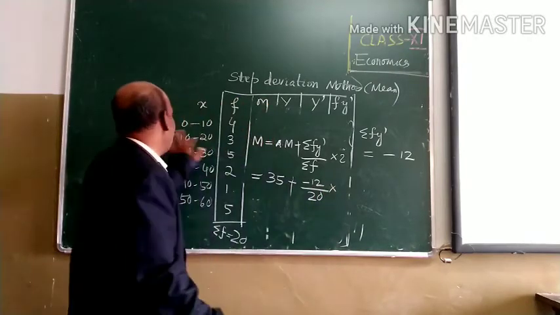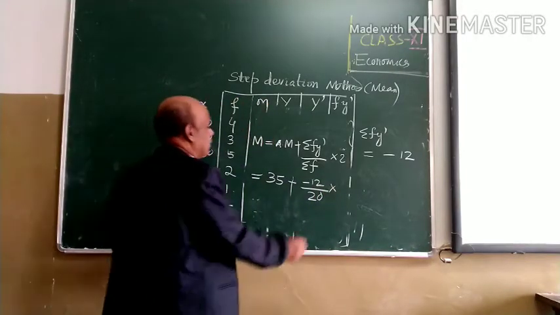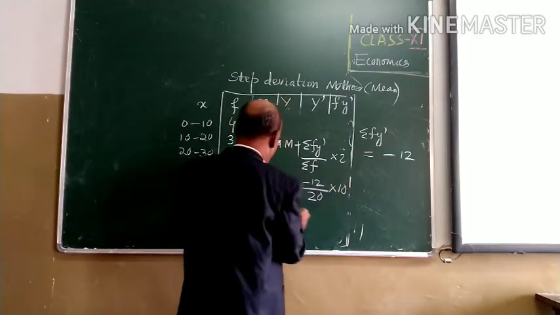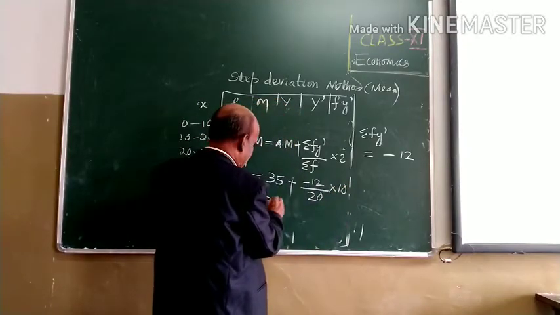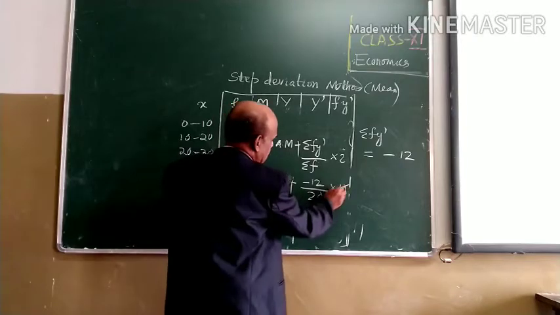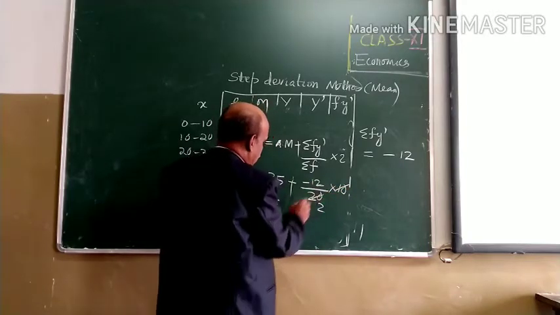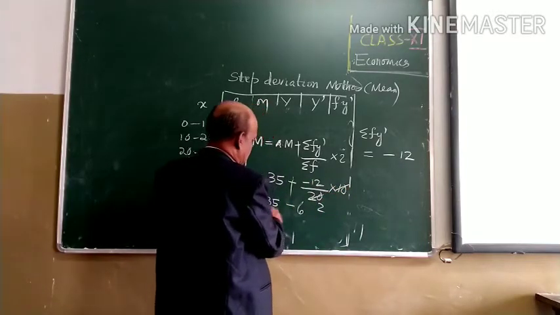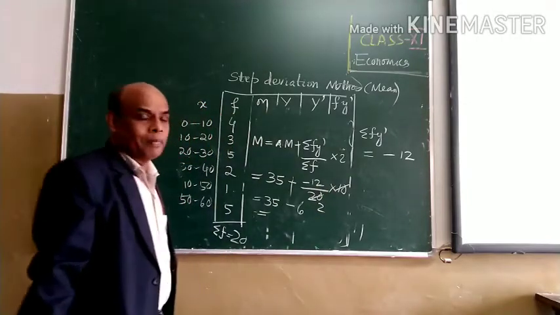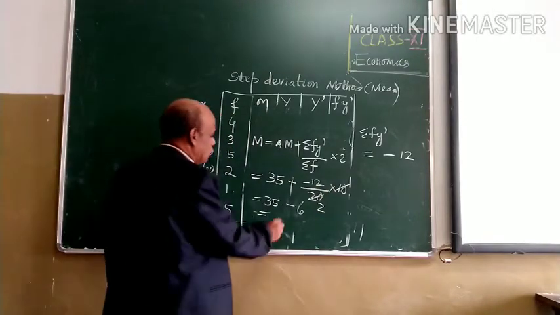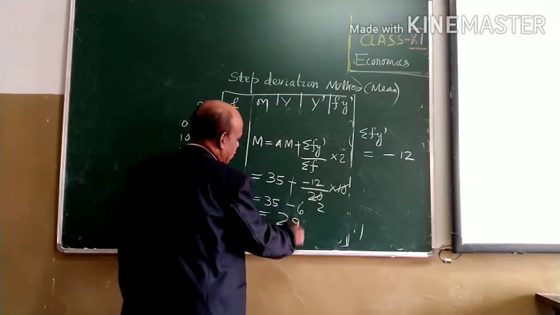It means this gap, that is 10. So what you got now? 35, and after calculation you got minus 6. So the total result you got is 29.